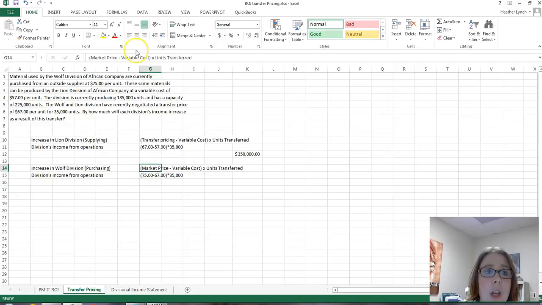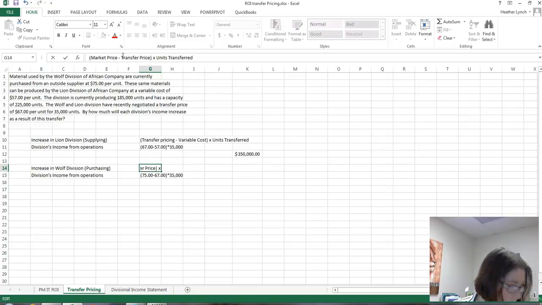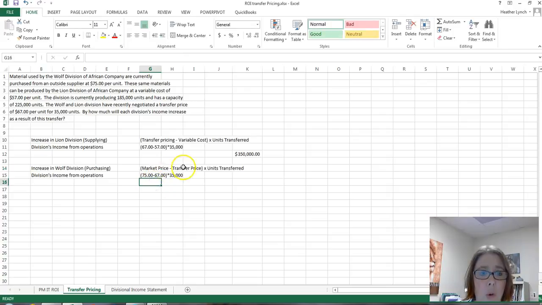Let me change that to minus the, I like transfer price better. That way it really shows that this is what we can buy it for, this is the amount that we negotiated, and this is the number of units that we need them to produce.